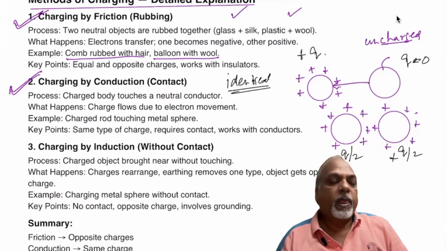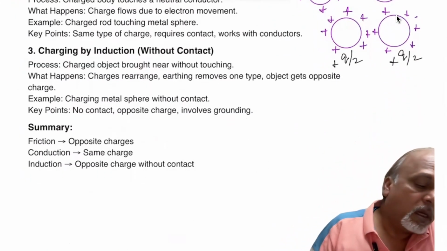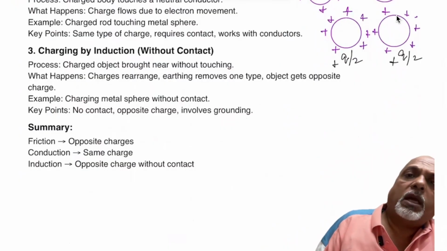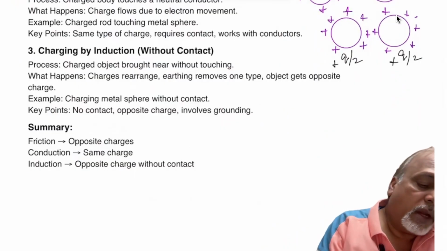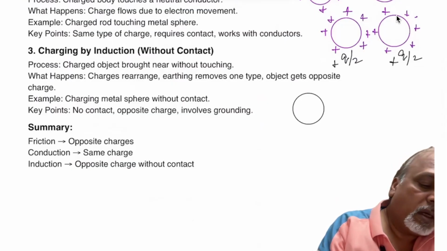Correct. Then charging by induction. You can charge a body by induction also. That can be done like this. Suppose you have an uncharged body, then you bring a charged rod.